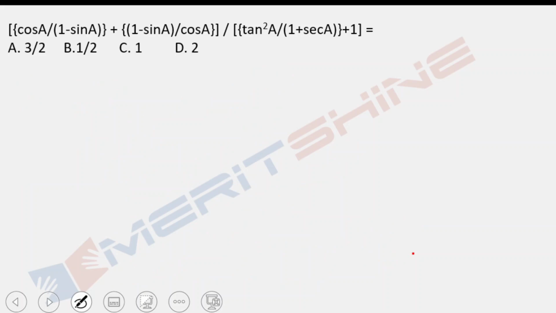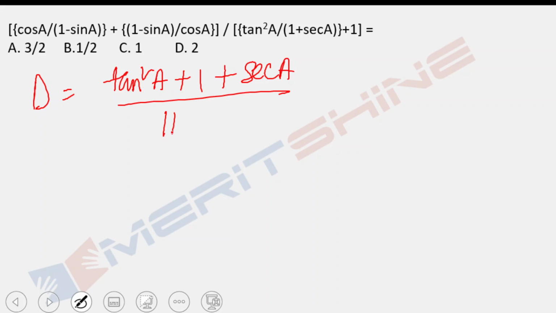Remember that. Now we will go on to the denominator. The denominator has been given as tan square A plus 1 plus sec A divided by 1 plus sec A. Now this is your denominator, my friends. So what do we do in here? Simple. You would make tan square A plus 1 as sec square A, and you will take sec A common.